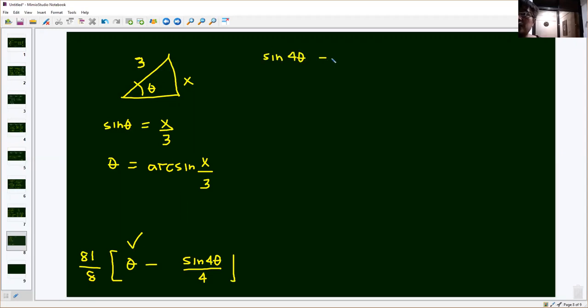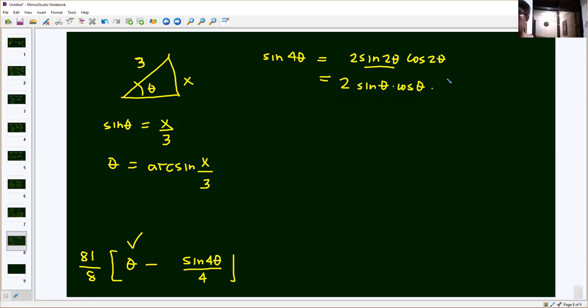Ito na lang. Sin 4 theta is 2 sin 2 theta cosine 2 theta. And remember, what we have here is theta lang. Ito, double angle ulit tayo. Sine, cosine. Then, cosine 2 theta, the double angle is what?